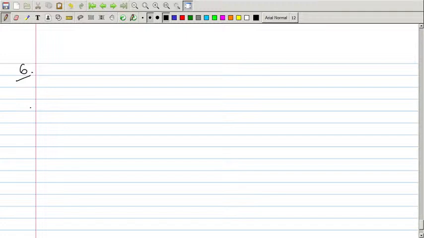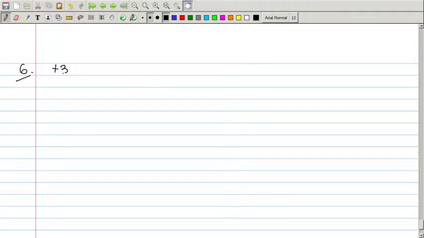Question number 6. In a competition, 3 marks are given for every correct answer and minus 2 for every incorrect answer. No marks for not attempting. Okay, this time it's a little different.